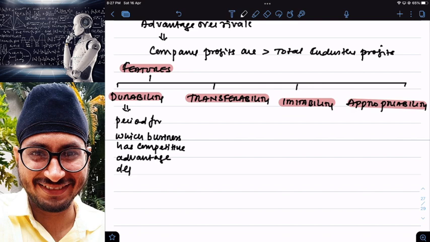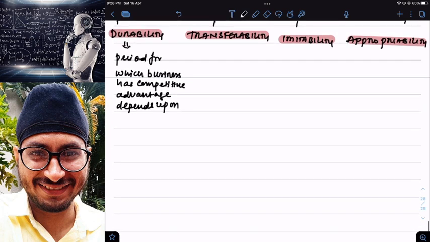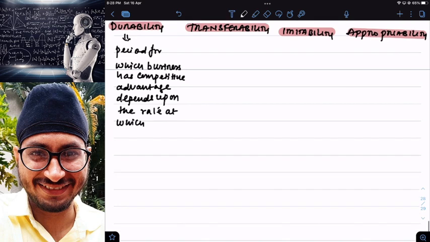The period for which I have a competitive advantage, whether 1 year, 2 years, 3 years or 4 years, depends upon the rate at which the firm's resources and capabilities deteriorate.